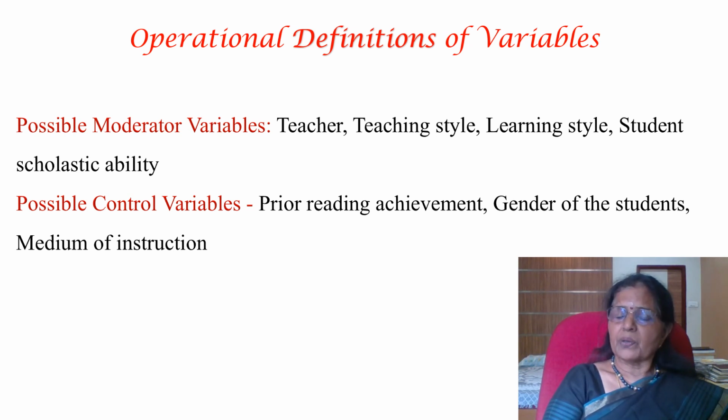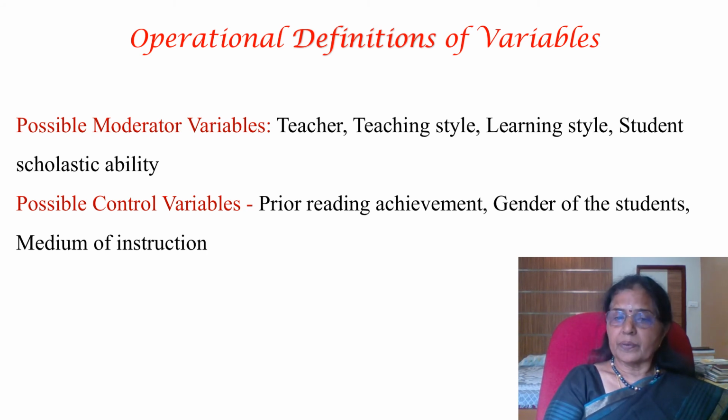Some may prefer this special SSS and some will perform better in CCC. And the medium of instruction may have an effect on the dependent variable, namely the mean gain in the NEET score. But these factors could be controlled by the researcher. How could the researcher control these variables? Either by means of the research design or by some statistical procedure.